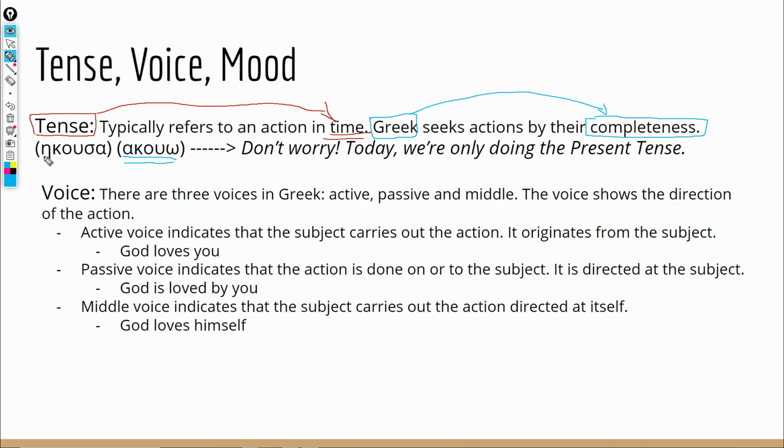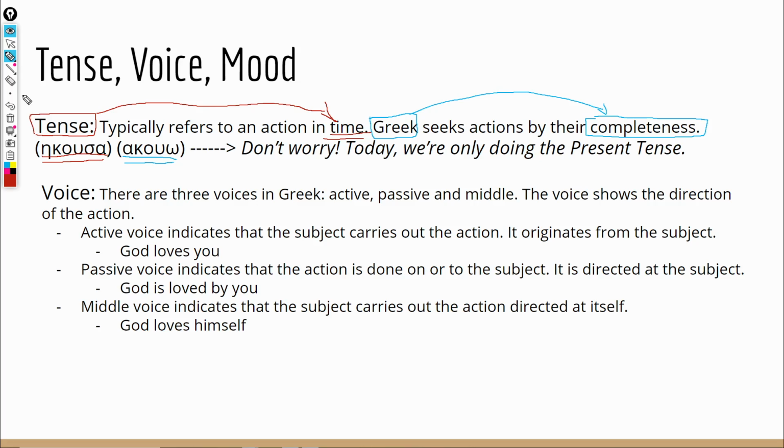Okay? But over here, ekusa, you probably see, well, that sounds a bit similar. Akuo and ekusa, these are actually the same verb, but they are in a different tense than one another.